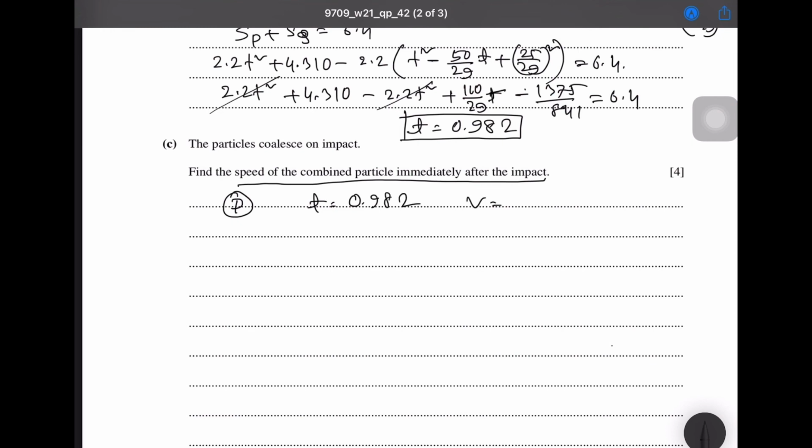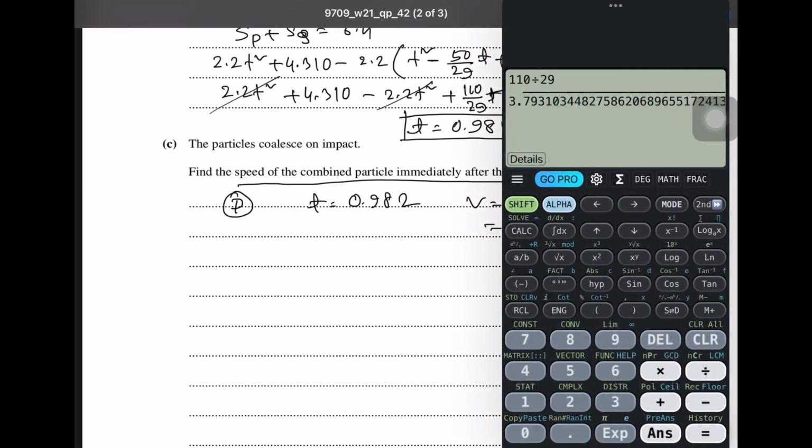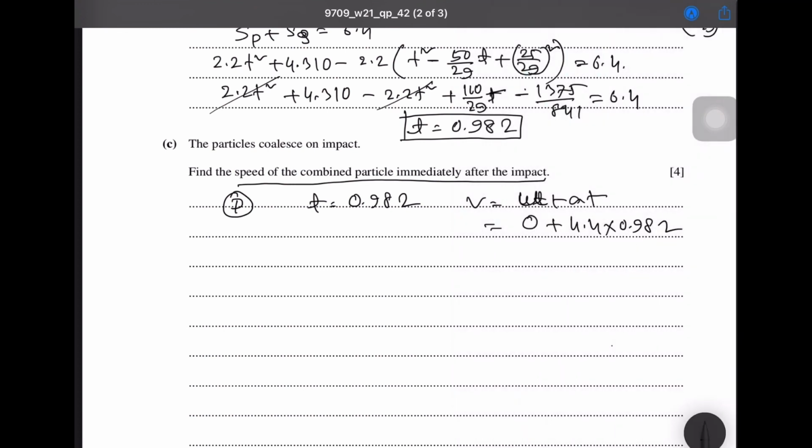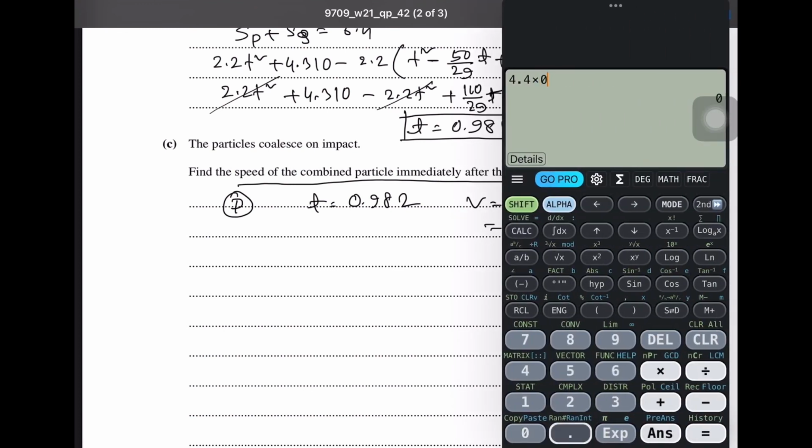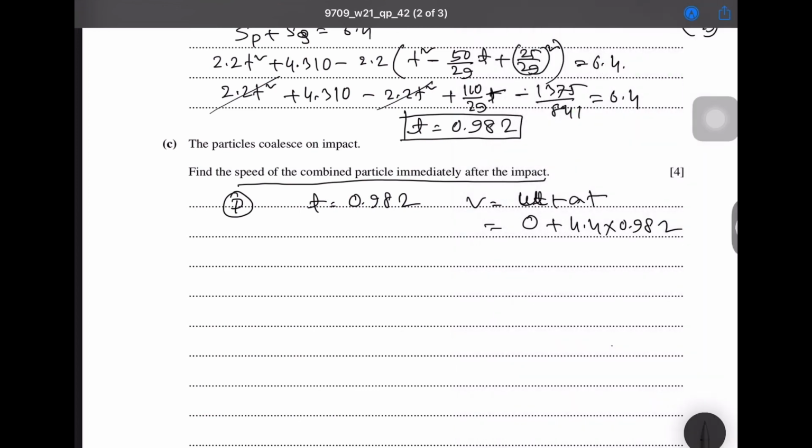That means V equals u plus at. u is 0, a is 4.4 times 0.982, and if we simplify 4.4 into 0.982, it is becoming 4.3208.